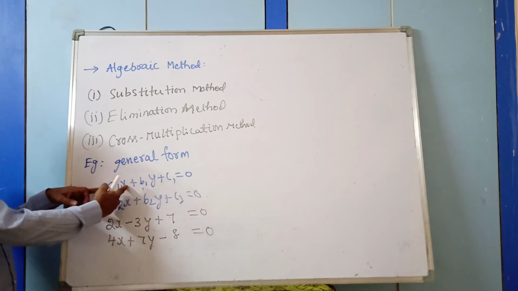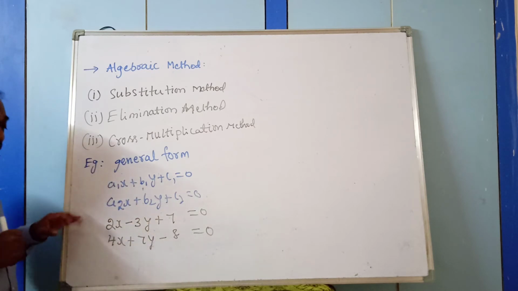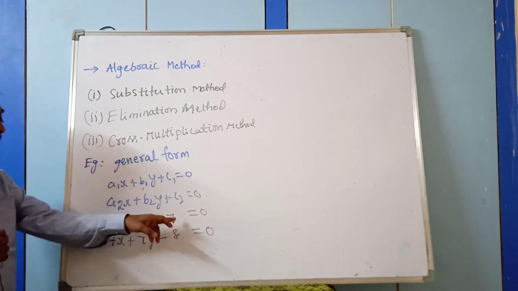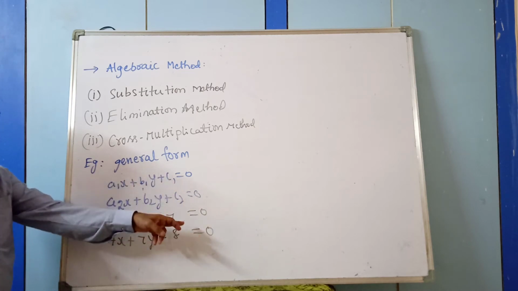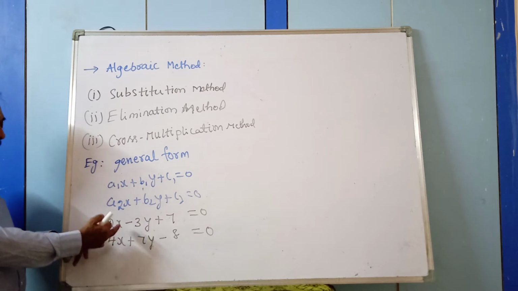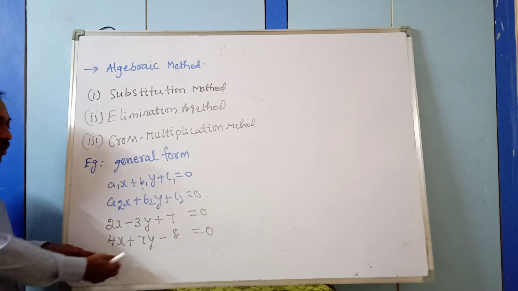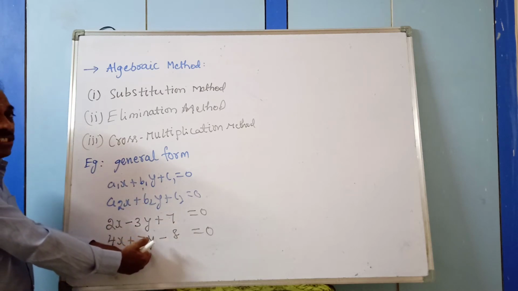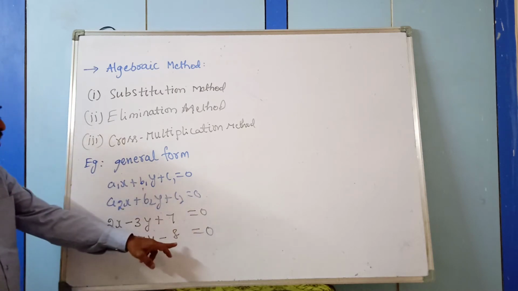A1 means the coefficient of x in the first equation, and B1 is the coefficient of y in the first equation. C1 is the constant value in the first equation. In the second, the coefficient of x is A2, the coefficient of y is B2, and C2 is the constant value.